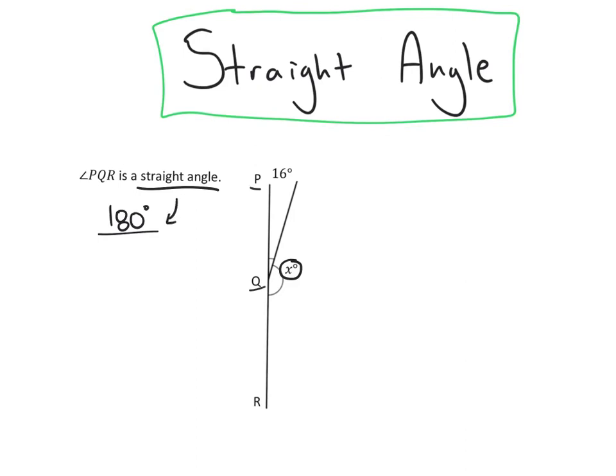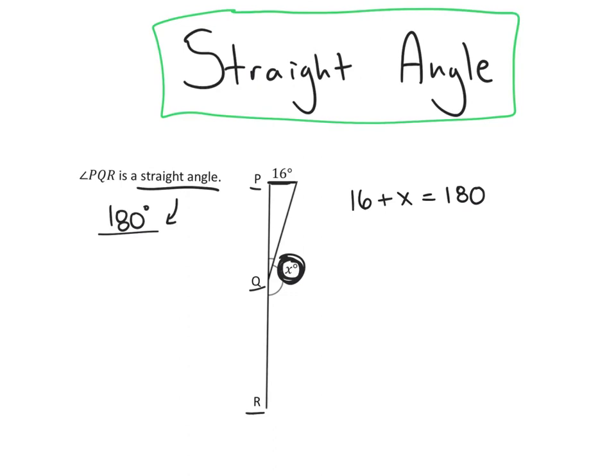So here's P, Q, and R, and we see it is also split into two different angles. One is 16 degrees, and one is a mystery. These two angles combined are going to equal 180 degrees, because when you combine them together, they make that straight angle PQR.